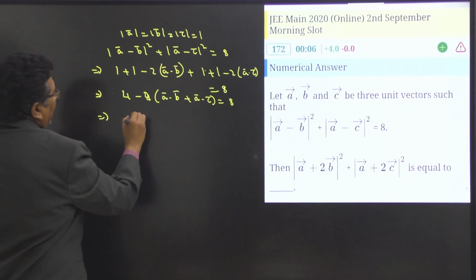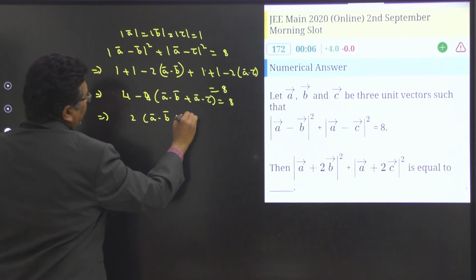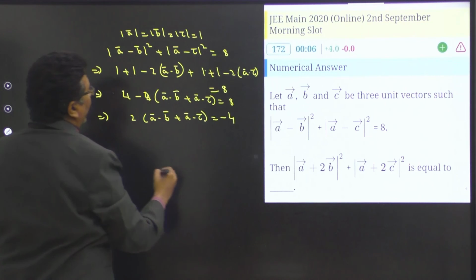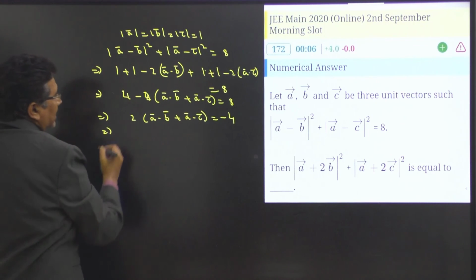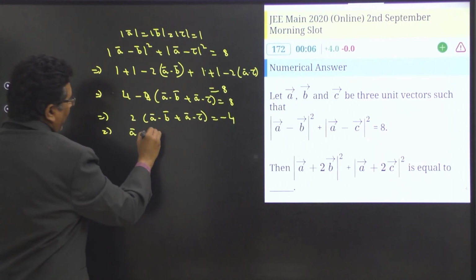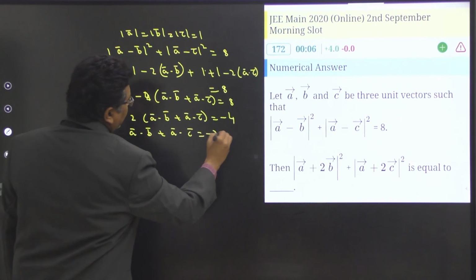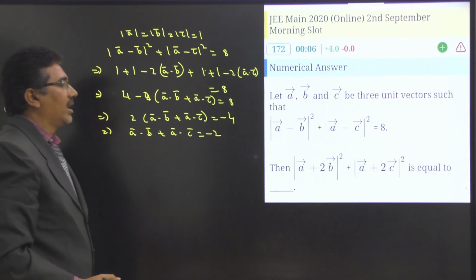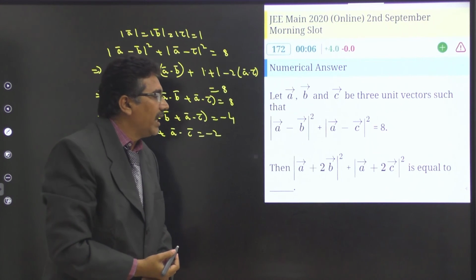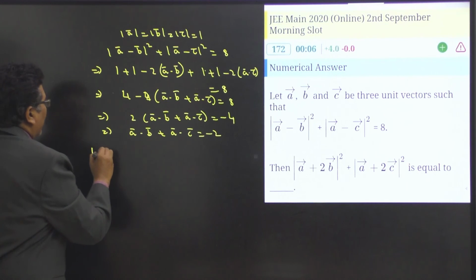That implies 2 into A bar dot B bar plus A bar dot C bar is equal to minus 4. That implies A bar dot B bar plus A bar dot C bar is equal to minus 2.